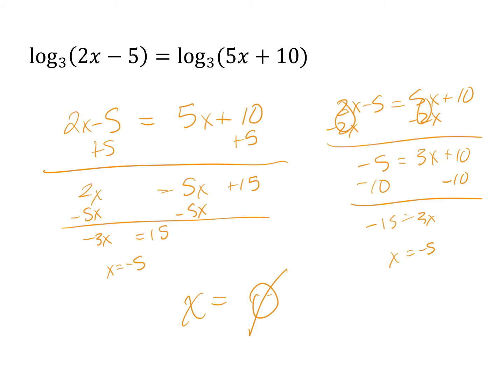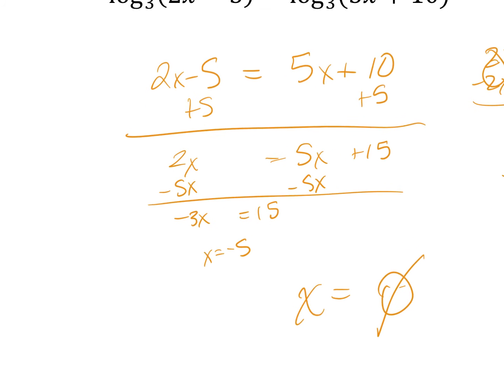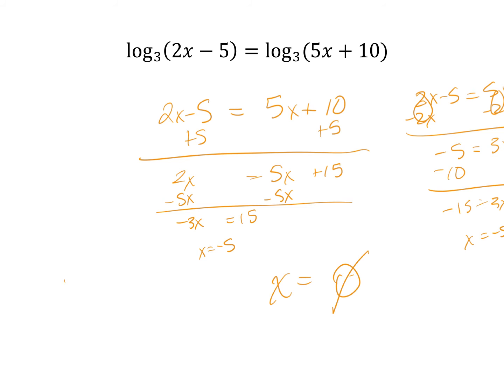Can we talk about why this is no solution real quick? Yes, I'm pretty confused. All right. Can we plug that -5 back in? We get log base 3 of 2 times -5 minus 5.